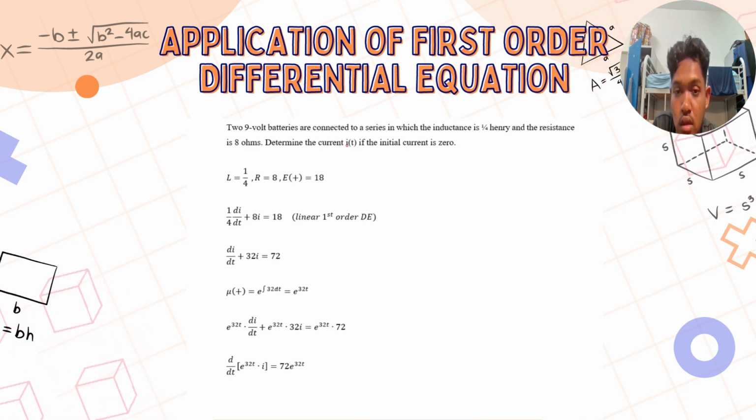Next, E equals 18. And the equation: 1/4 dI/dt plus 8I equals 18. That is a first order linear differential equation. And below it: dI/dt plus 32I equals 72.